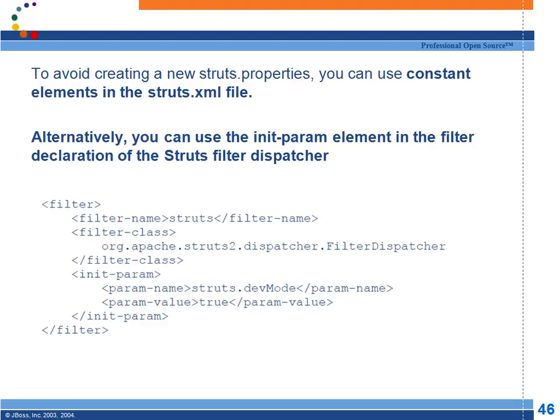To avoid a new struts.properties, you can use the constant element in struts.xml, or alternatively, you can use the init-param element of the filter declaration of your Struts. Inside your filter declaration of Struts, you can use init-param, and here you are specifying struts.devMode is true. What is this dev mode?